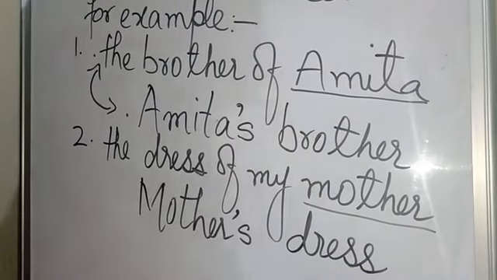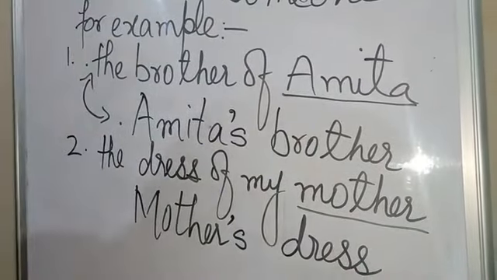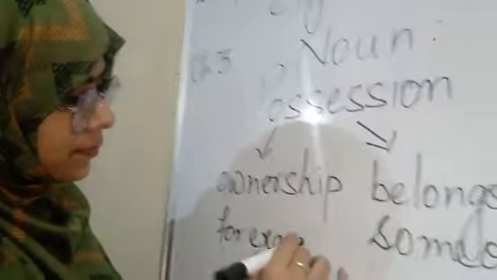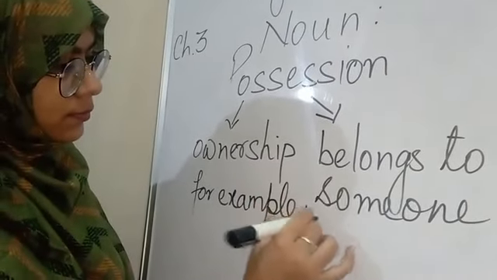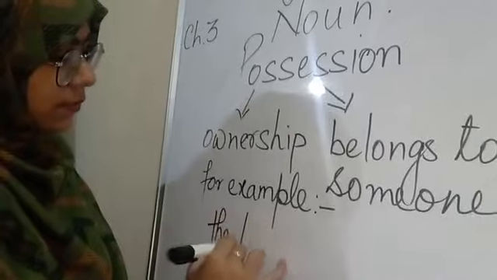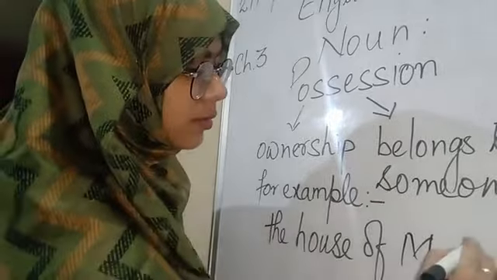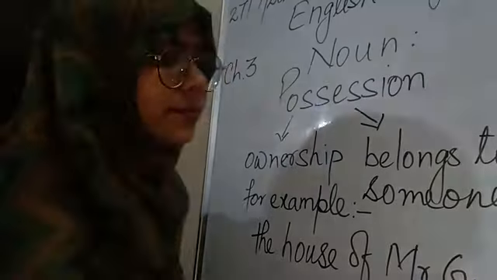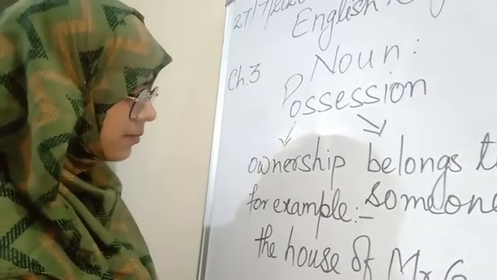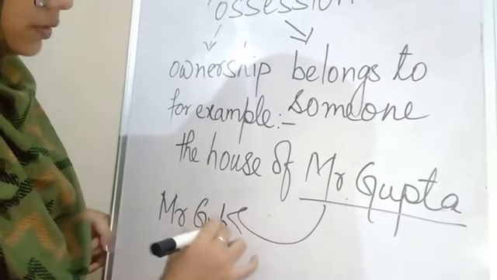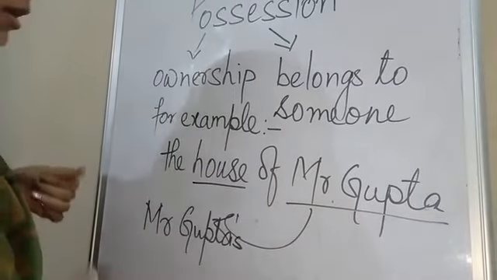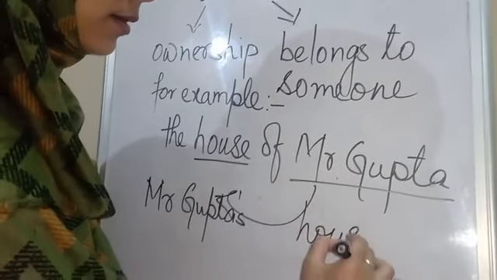It is that simple. Let's look at some more examples. For example, the house of Mr. Gupta. Mr. Gupta is a noun. We'll take Mr. Gupta's. What are we showing, क्या इनके possession में है? House. Mr. Gupta's house.